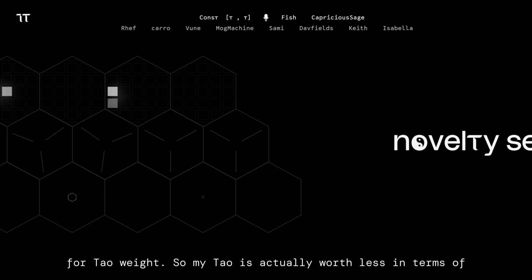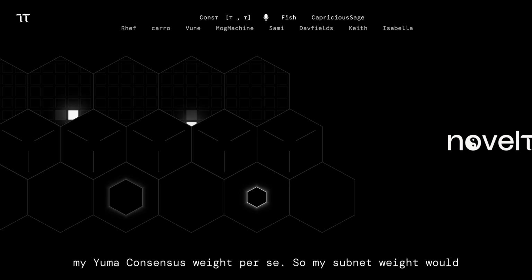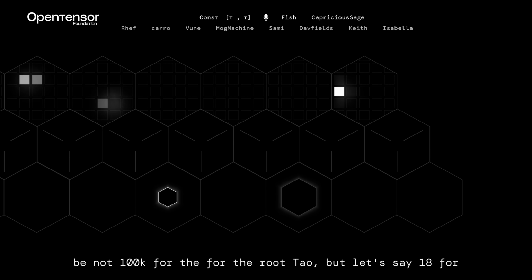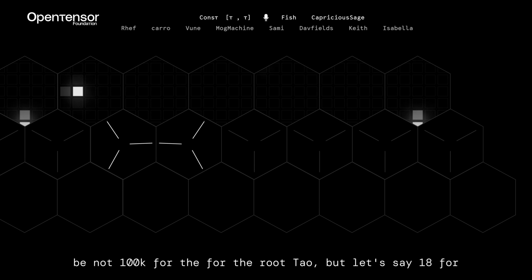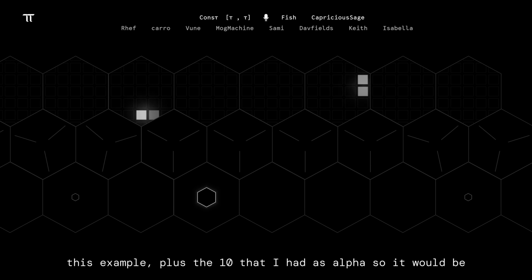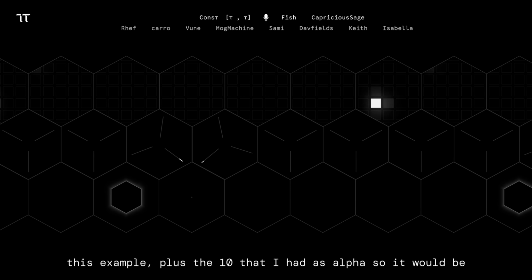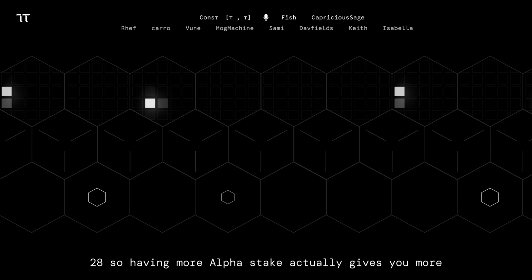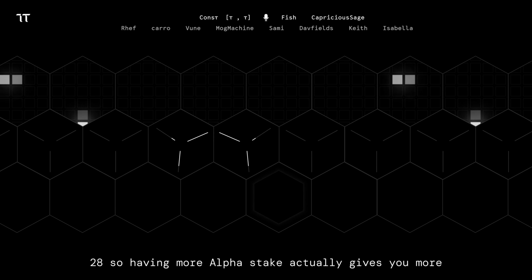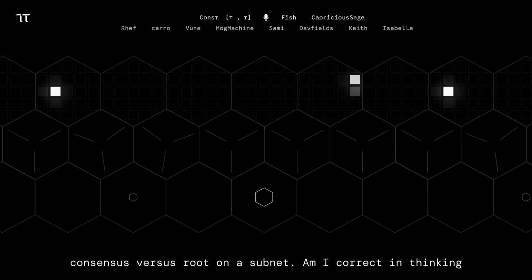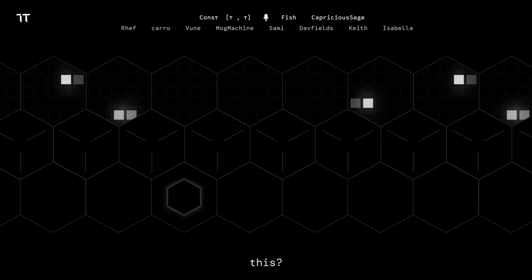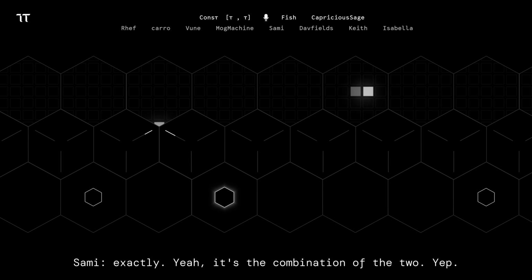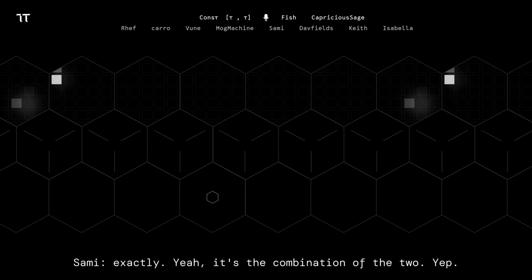So my TAO is actually worth less in terms of my Yuma Consensus weight per se. So my subnet weight would be not 100K for the root TAO, but let's say 18 for this example, plus the 10 that I had as alpha. So it would be 28. So having more alpha stake actually gives you more consensus versus root on a subnet. Am I correct in thinking this? Exactly. Yeah. It's the combination of the two.